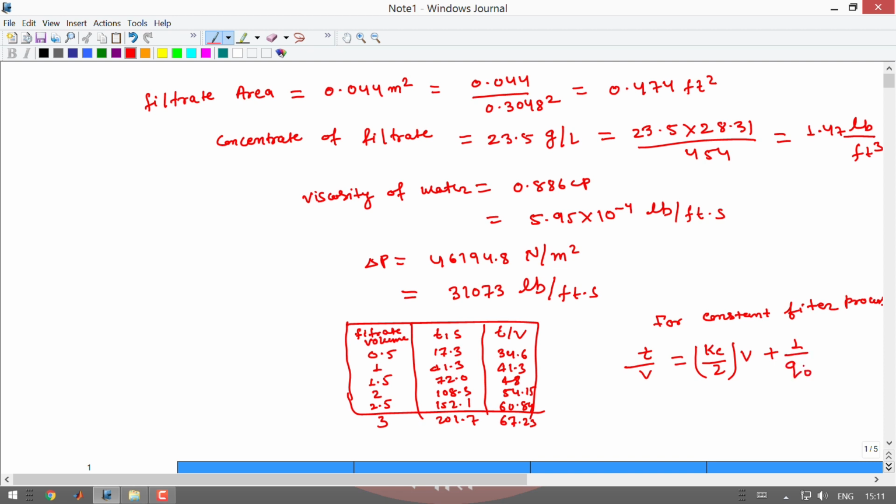If we plot T by V versus V, this is the equation of a straight line where the intercept is 1 by Q naught and Kc by 2 is the slope.